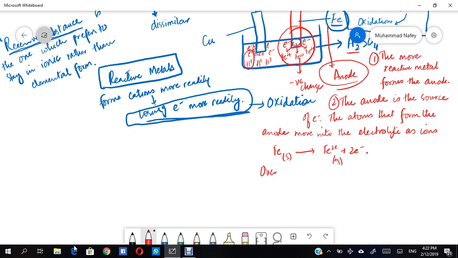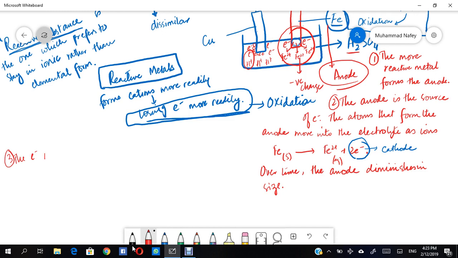So over time, the anode diminishes in size. And what about the electrons? These electrons move to the cathode. So the third thing, I'm writing it here.